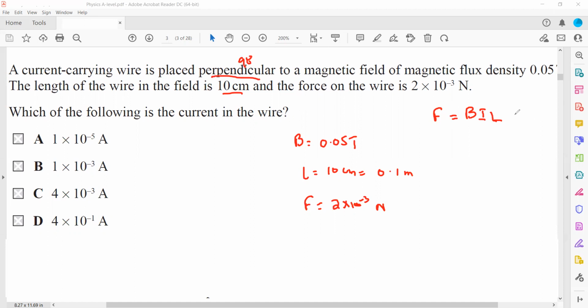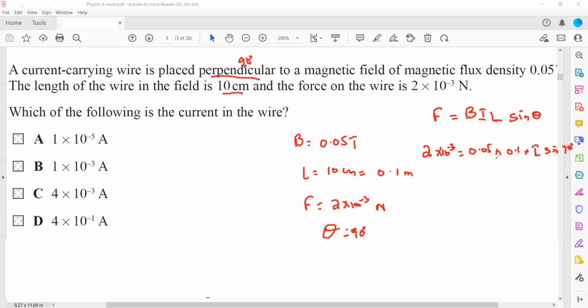So F equals BIL sine theta, where theta is the angle, and because they are perpendicular to each other, it will be 90. So F is the force, which is 2 into 10 to the power minus 3. B is the strength of the magnetic field, 0.05. L is the length, which is 10 centimeter or 0.1 meter. I is the current, which we don't know, that's unknown, and sine 90 is equal to 1.